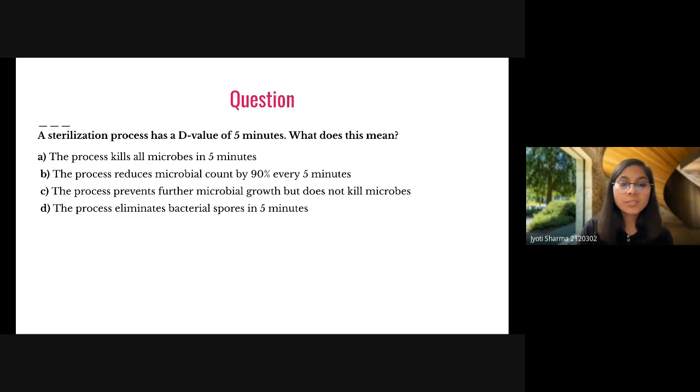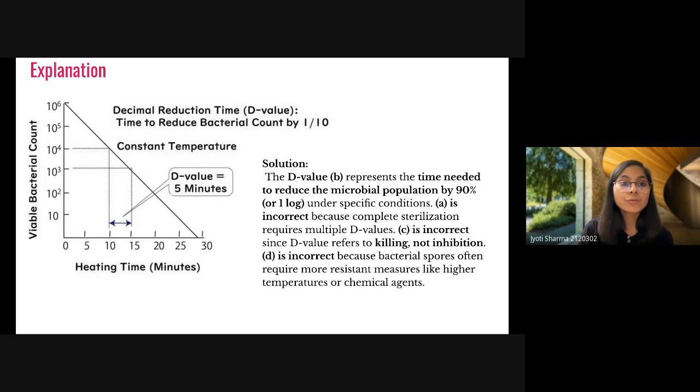Okay, so this is reducing the microbial count by 90% every 5 minutes. If this is the case, then the D value will be 5 minutes. So let me show you here. Either it is 90% or it is 1 log. So let's say from 10 raised to power 4, we are reducing the bacterial count to 10 raised to power 3, and if it is taking 5 minutes, then the D value is equal to 5.